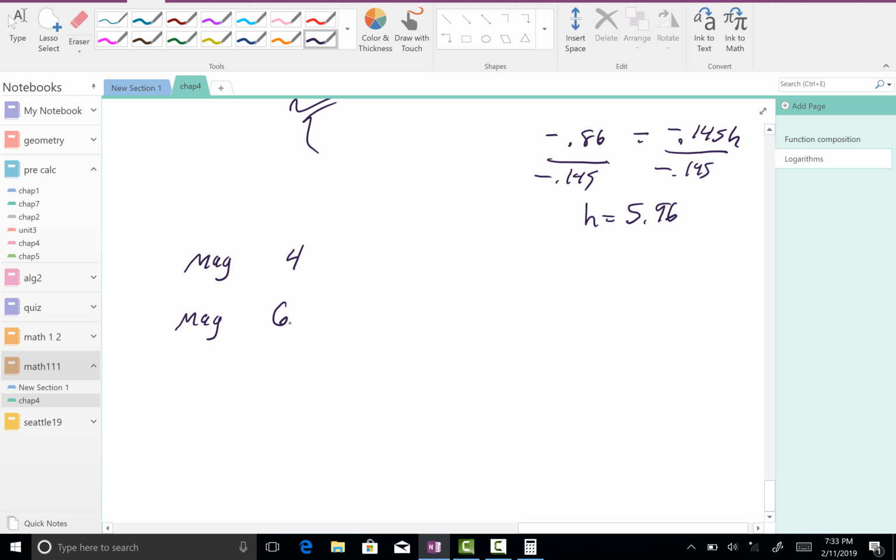The difference there is only 2, but what happens with the Richter scale and magnitude is it changes by powers of 10. All right? So it's 10 times more powerful as you change in the Richter scale. So this would be 10 to the second, or 100 times stronger.